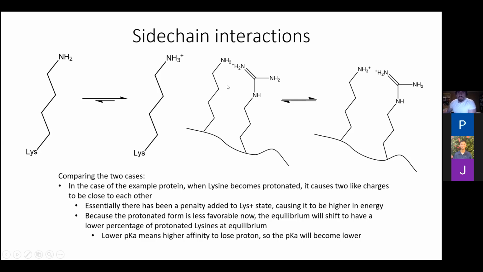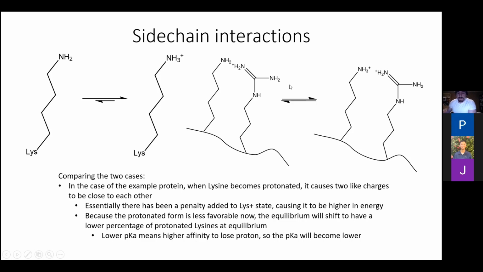In this one, you have a lysine whose side chain is close to an arginine. Arginine is another residue that takes a positive charge. So in the protonated form, if you see on the far right, you have two positive charges in close proximity, which is energetically unfavorable.